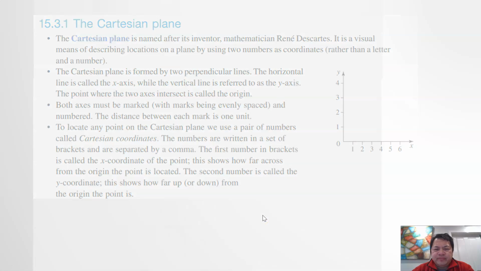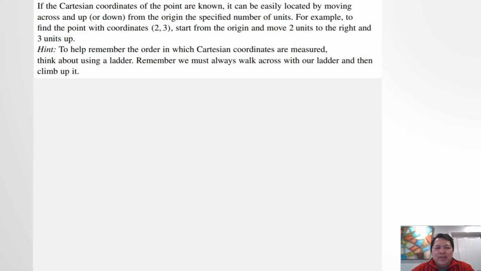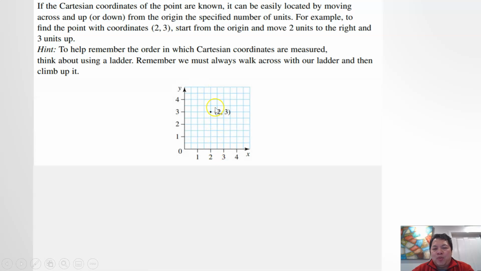Understand? The book actually gave us a very good way to remember. For example, we want to know where the point (2, 3) is. We basically have to move 2 units to the right and 3 units up. To remember this, we can use a ladder theory, whereby you need to walk across to the place that you want, then you put up the ladder to climb upwards.